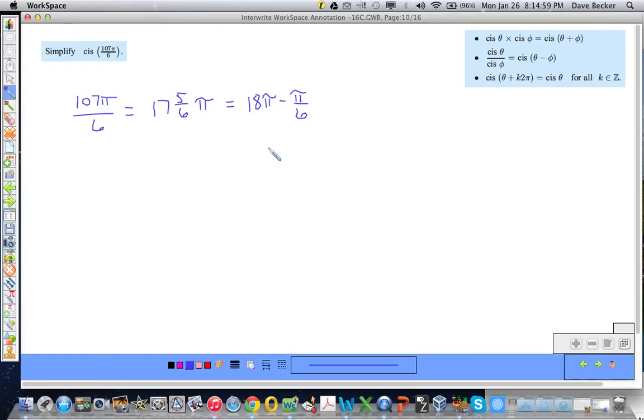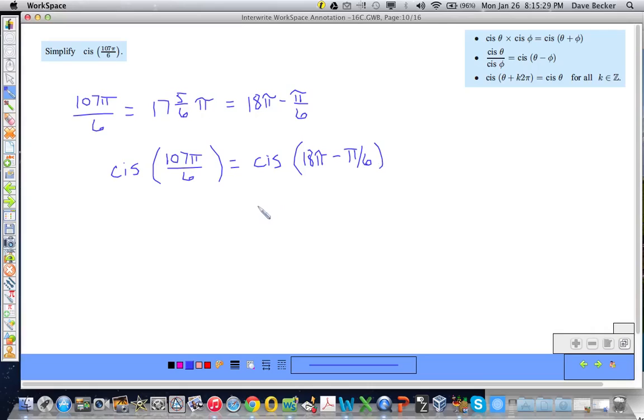And maybe you already have the answer now. We're just going through the motions and showing the thinking process. We can think of cis 107 pi over 6 as cis of 18 pi minus pi over 6, right?